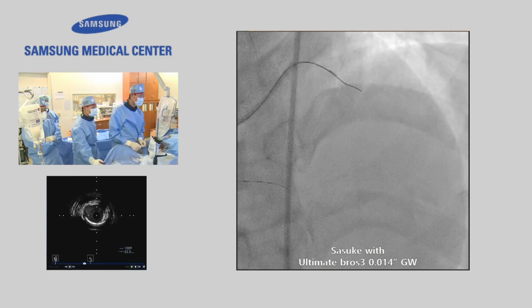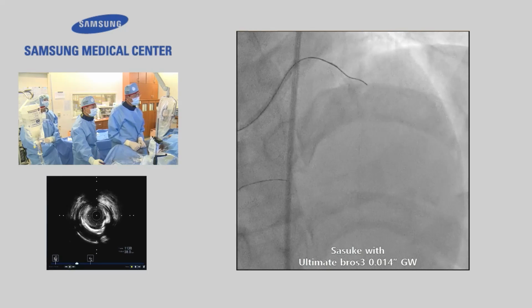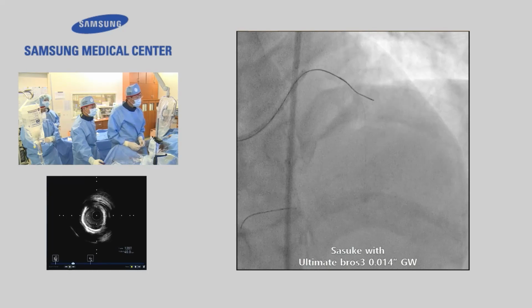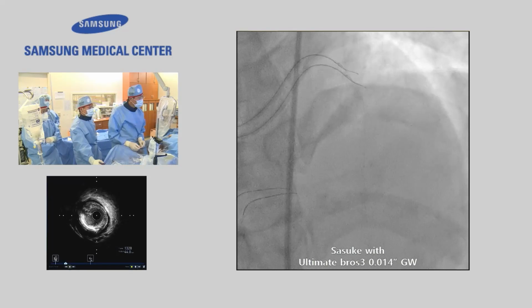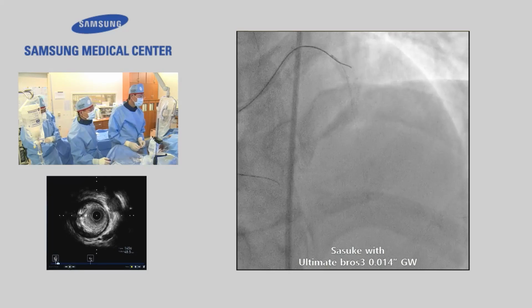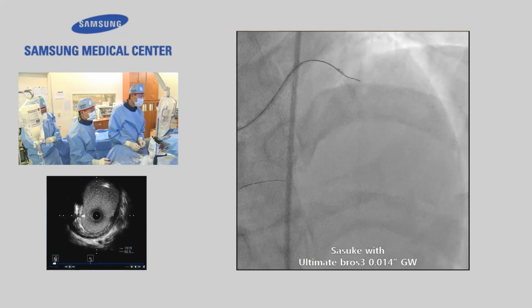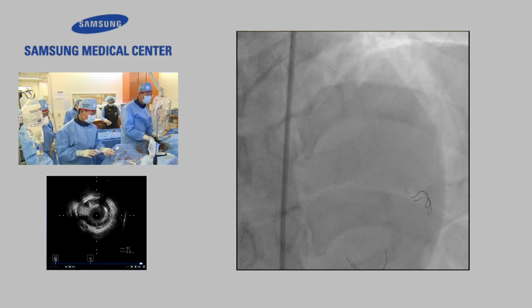But your wire position is so good, so you may try a little bit more time. Yeah. But then change the wire to Gaia series. Gaia 3. Gaia, okay. Not 2. Good, oh, progress. Yeah.